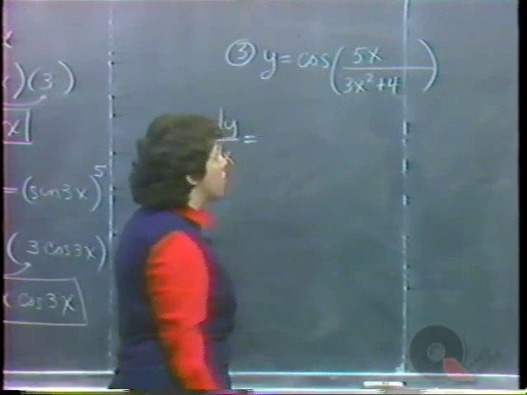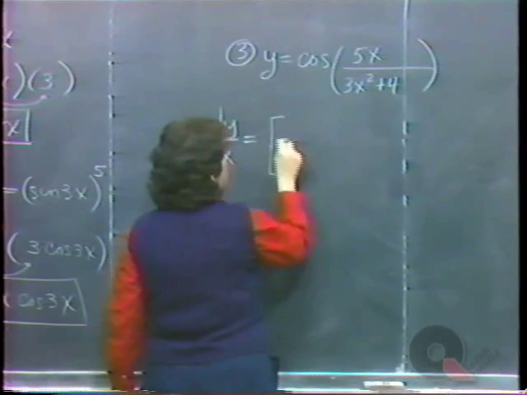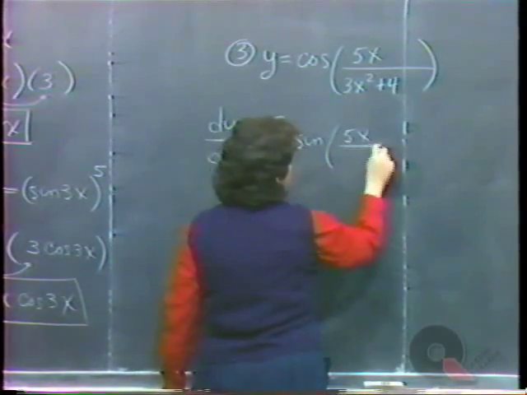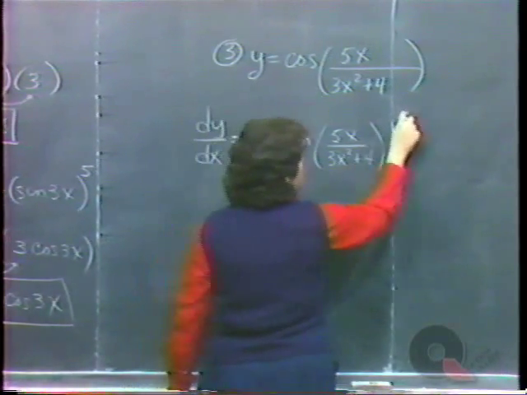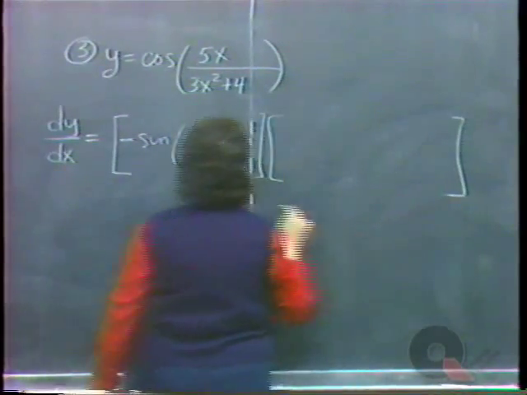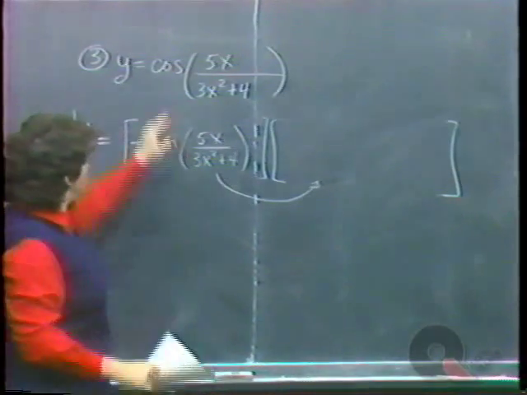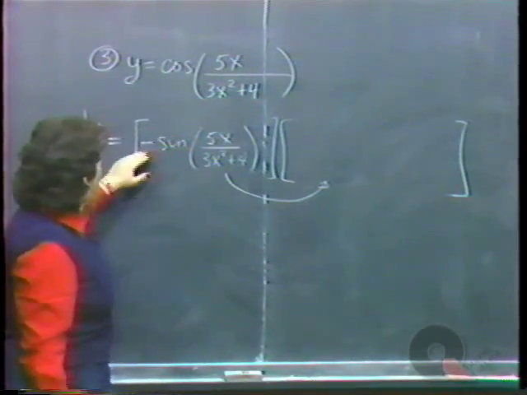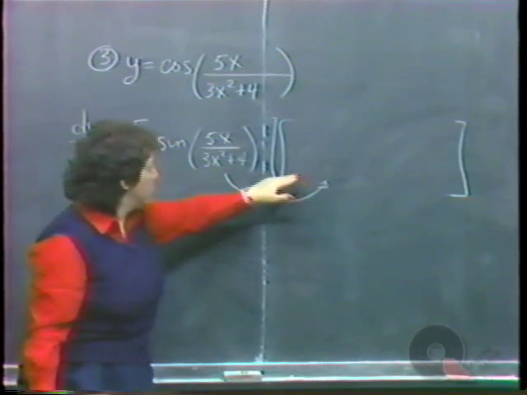The derivative of cosine of a function is going to be minus sine of the same function times the derivative of the function.